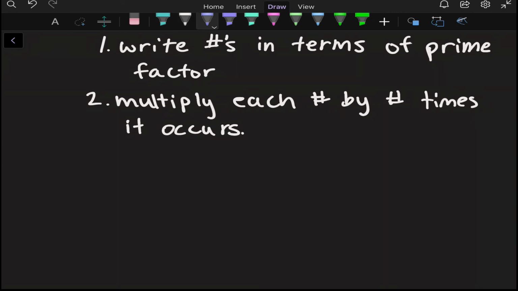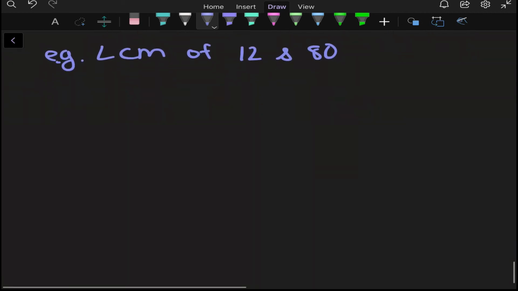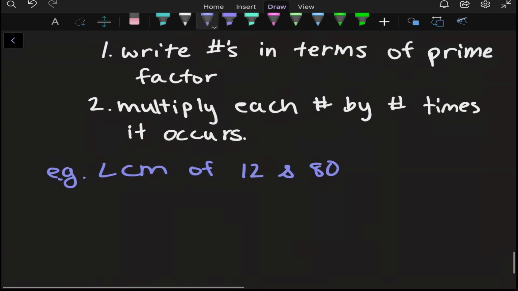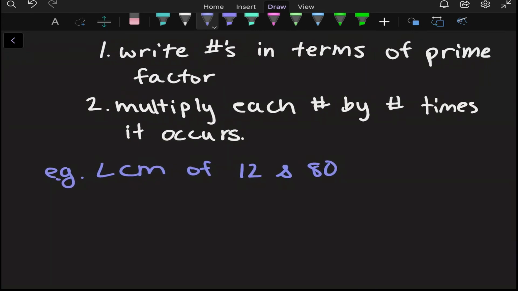So if we start with an example, we're going to find the lowest common multiple of 12 and 80. Some pretty big numbers that we wouldn't want to write out a bunch of multiples for. So again, step 1, write the numbers in terms of prime factors.